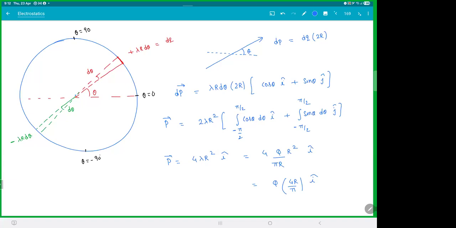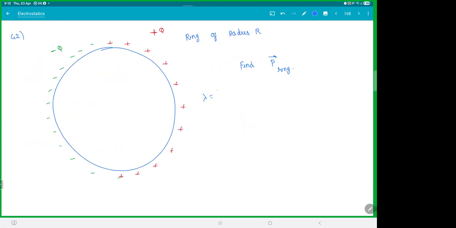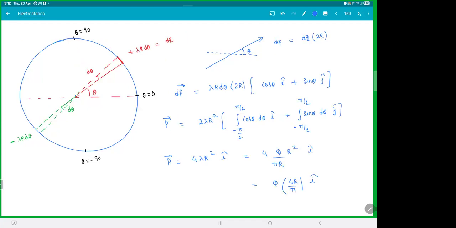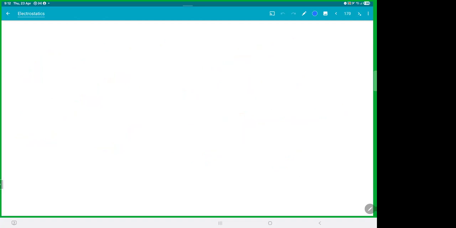But what happens when you don't know what to do, then someone will come and say lambda is equal to lambda not sine theta. Now listen, this thing actually looks something like this. When I ask you to find the net dipole moment, look at the formula here. The dipole moment pi is charge qi into di.